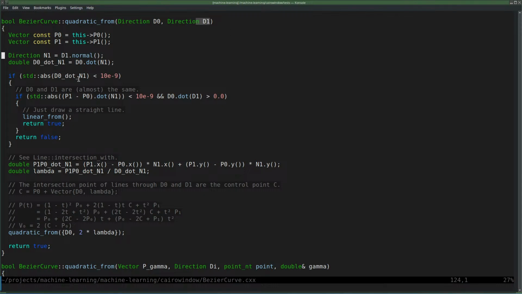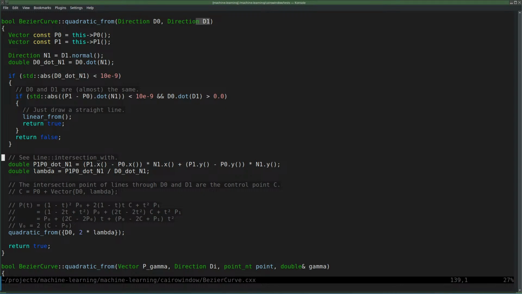Obviously this is totally not less than that, so we skip that in case it goes wrong. And then I always return true, so that's wrong.